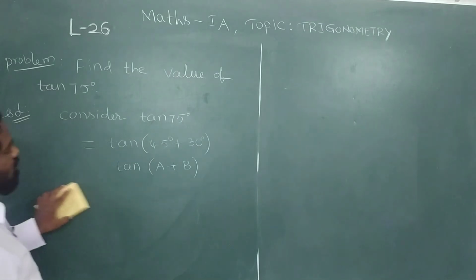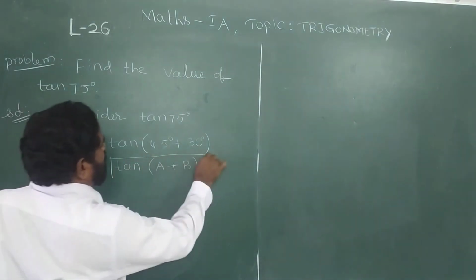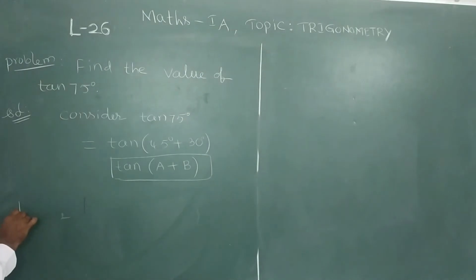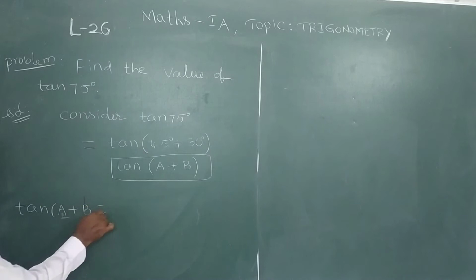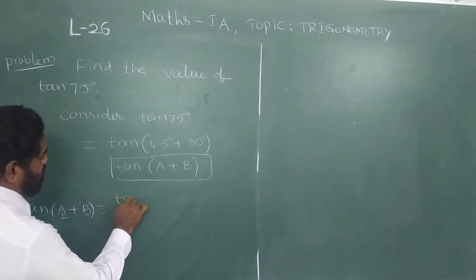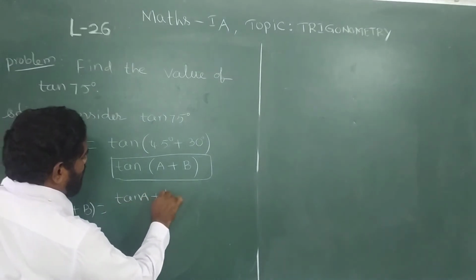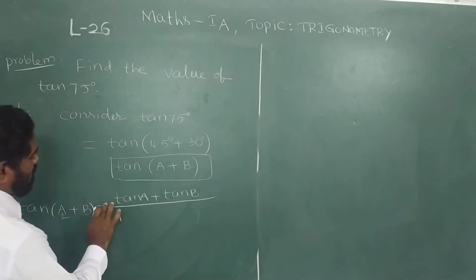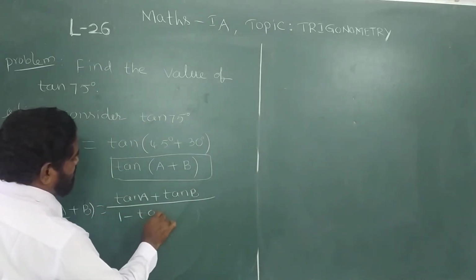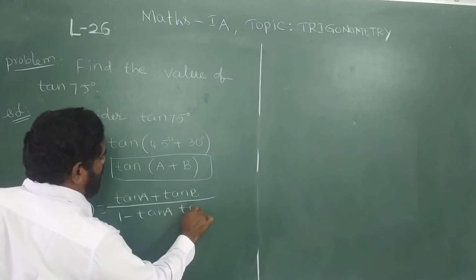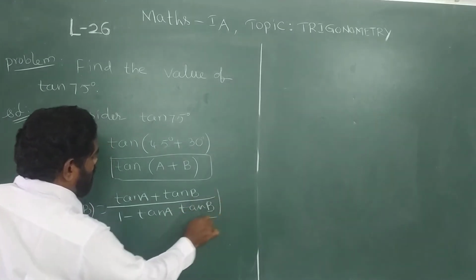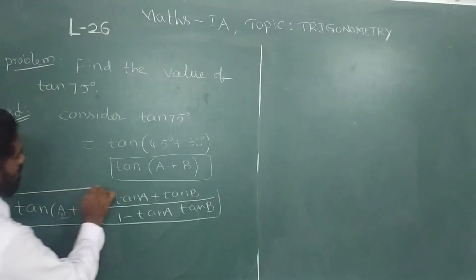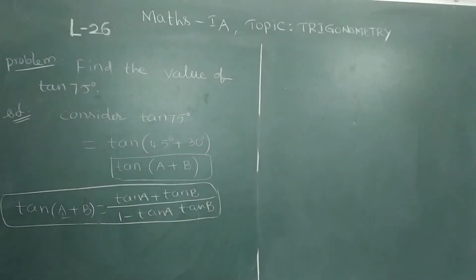Now we know the formula of tan of A plus B. The tan of A plus B formula is tan A plus tan B by 1 minus tan A tan B. Understand?